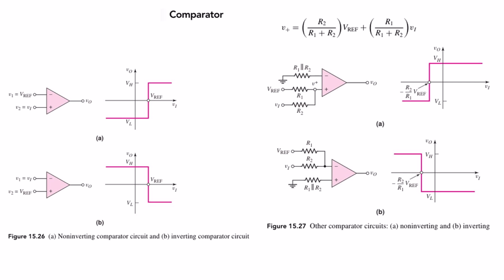If your input voltage is lesser than the reference voltage, the output will be low, and if it is higher than that, the output will be high. So this is the primary working principle of your comparator.